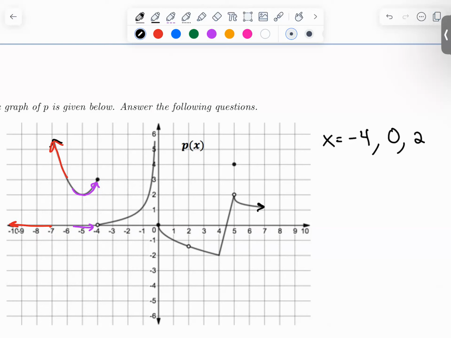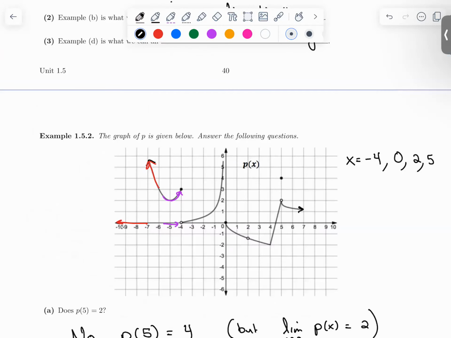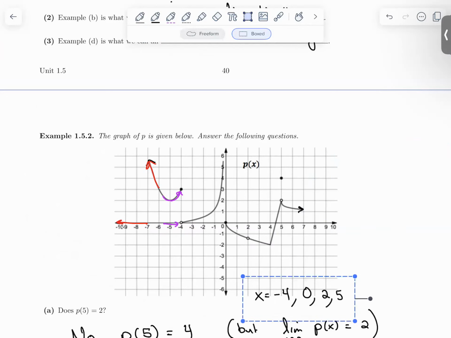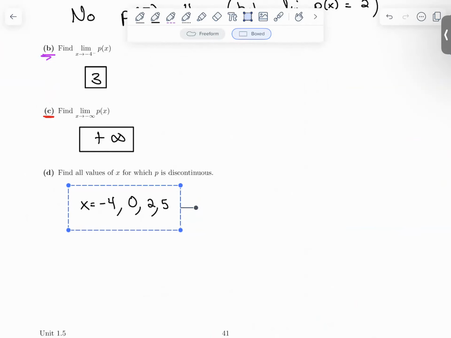And then what else? And then 5. Yes, 5. And so I'm going to explain why. We're going to write the reason that it's being broken. Those are the only values.